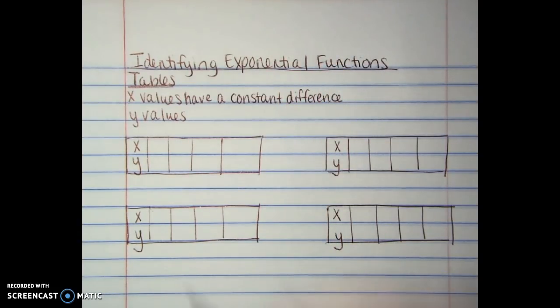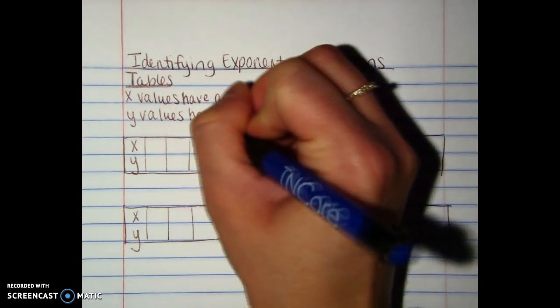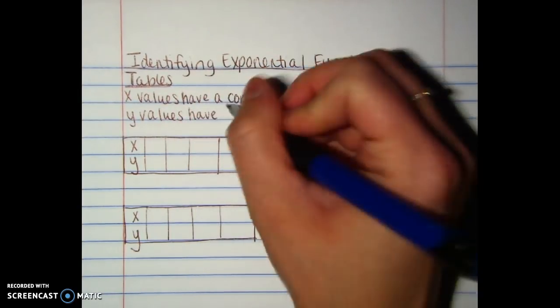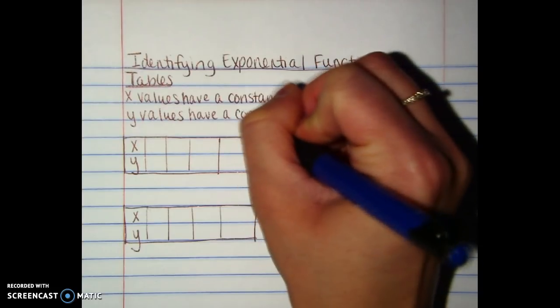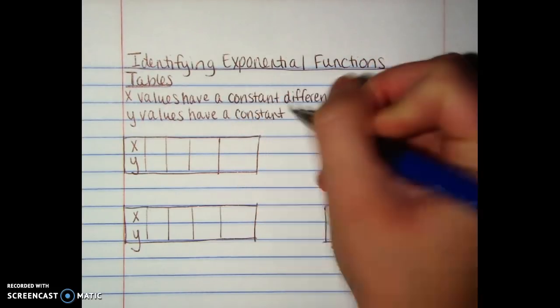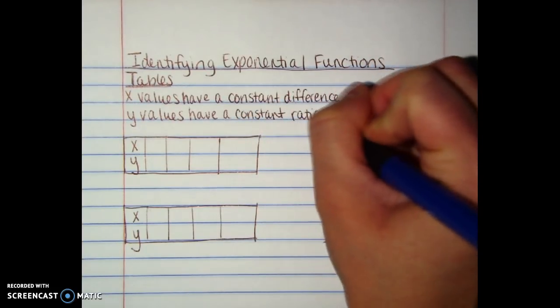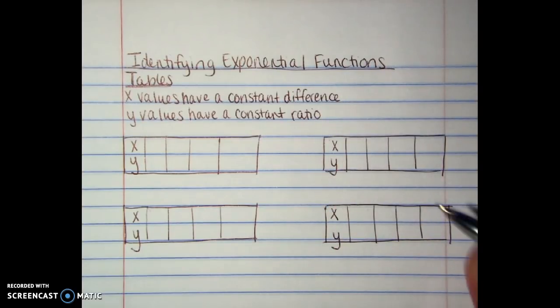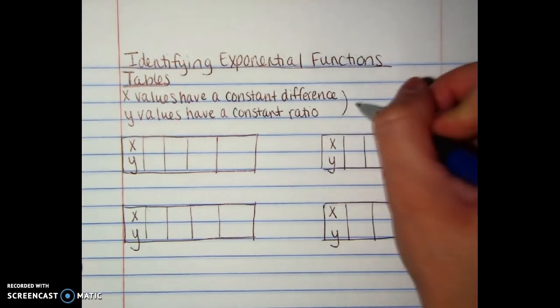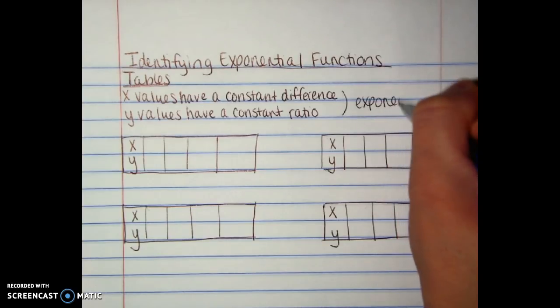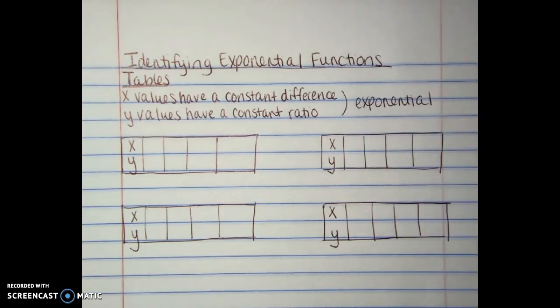And the y values have a constant ratio. Okay, and if you have both of those things, then it's exponential. If you don't have both of those things, it's either linear, quadratic, or nothing really.